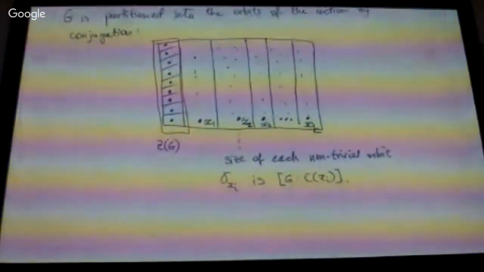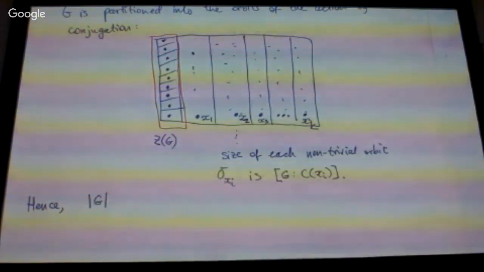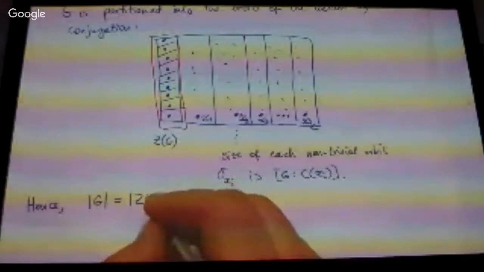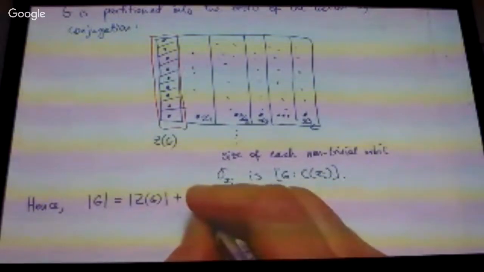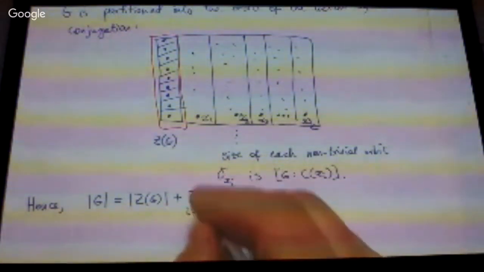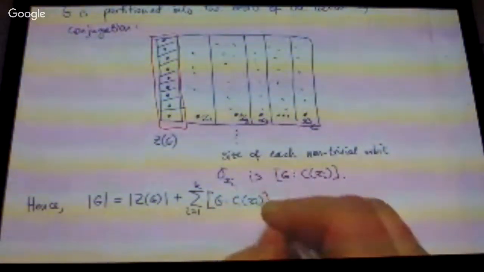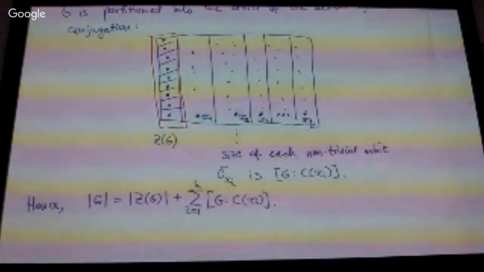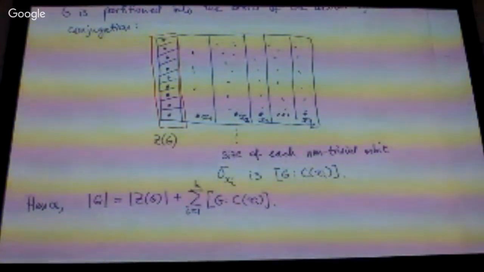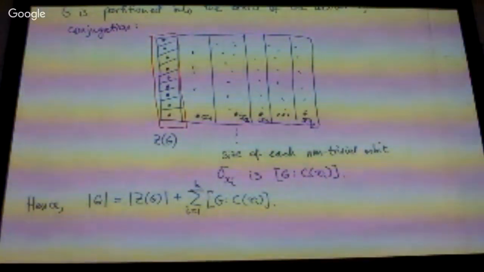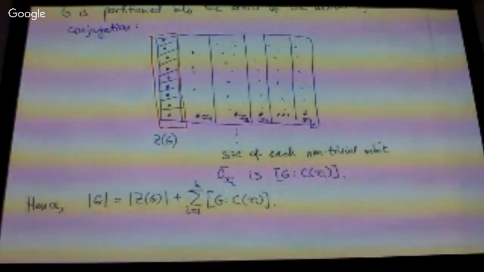And then the size of G is the size of the center plus the sum of the sizes of the non-trivial orbits. That's the class equation.